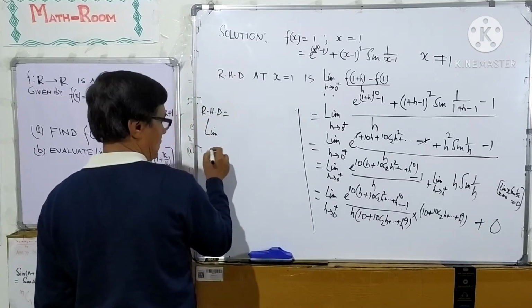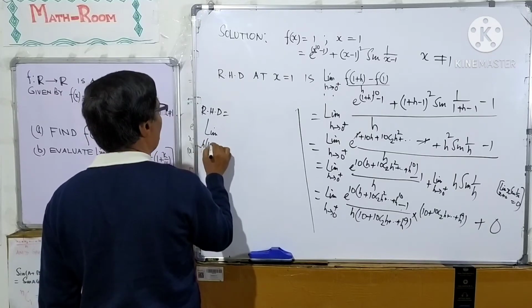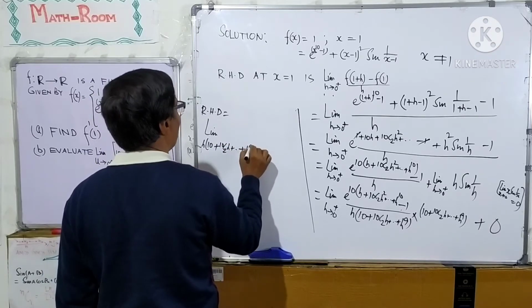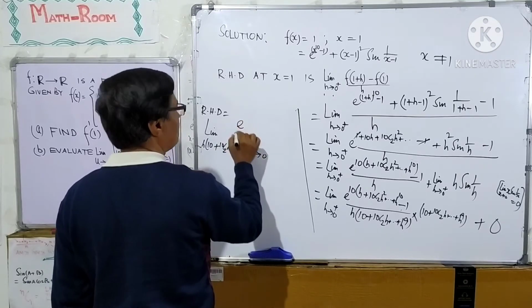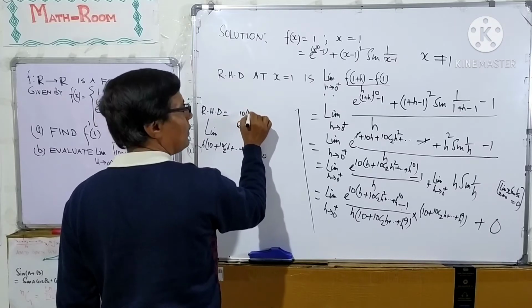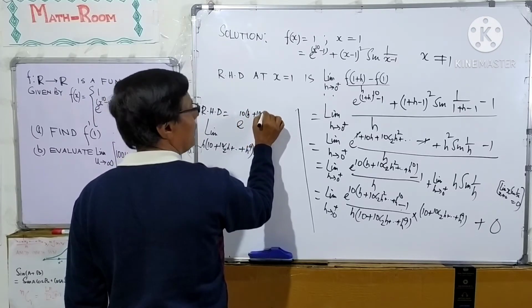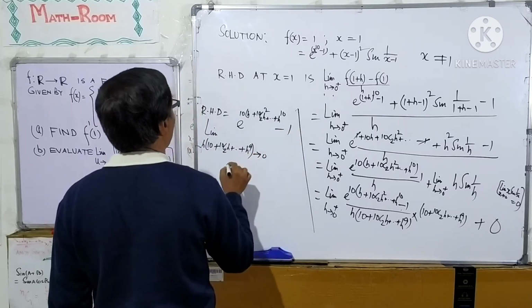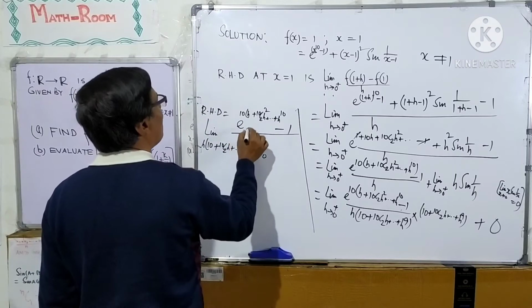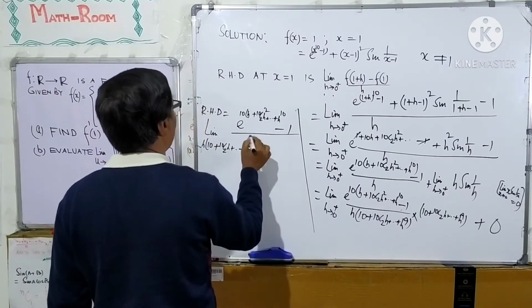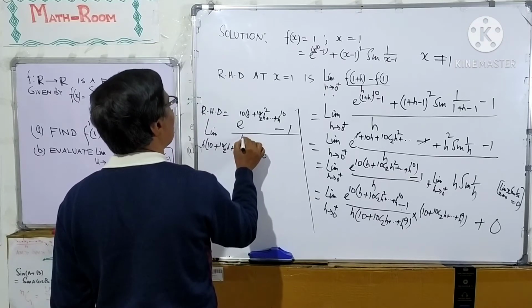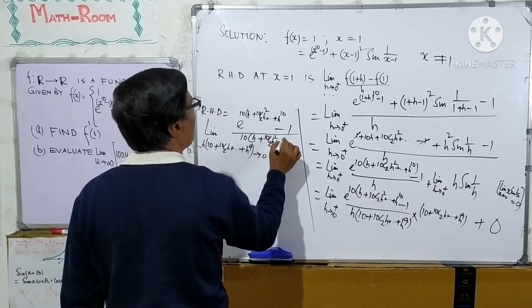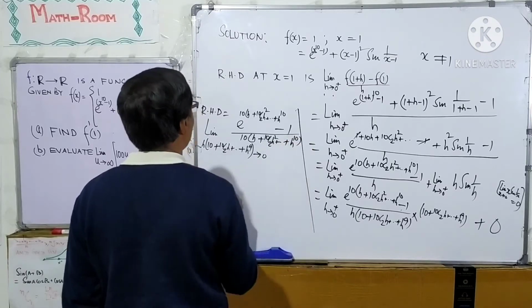Now, we can write (10 plus 10C2 h plus ... h to the power 9) tends to 0, e to the power 10h plus 10C2 h squared ... h to the power 10, minus 1 over this is also right: 10 into h plus 10C2 h squared ... h to the power 10.